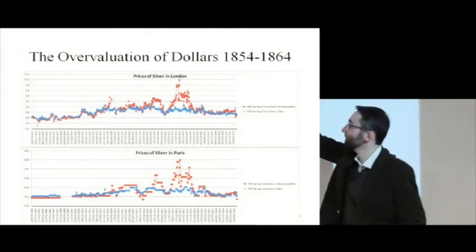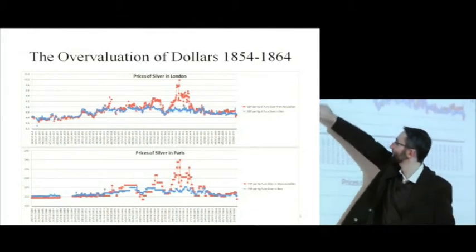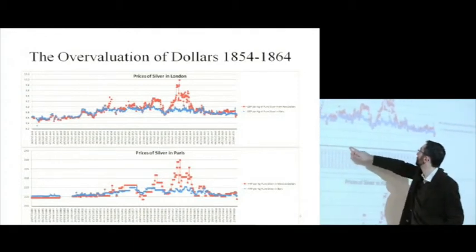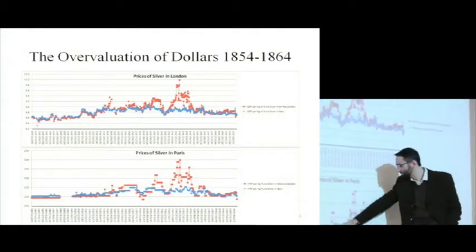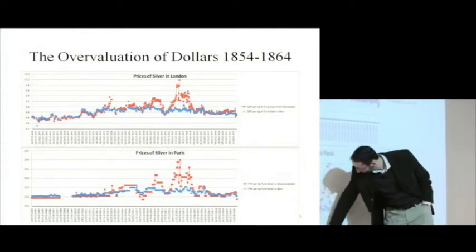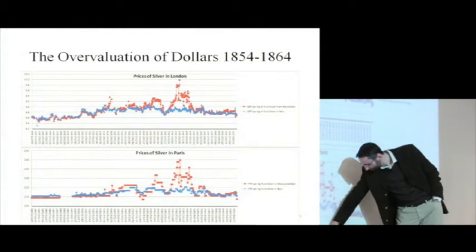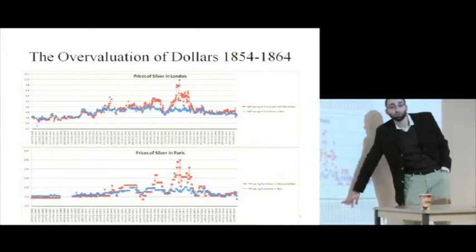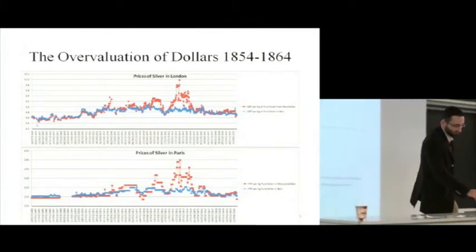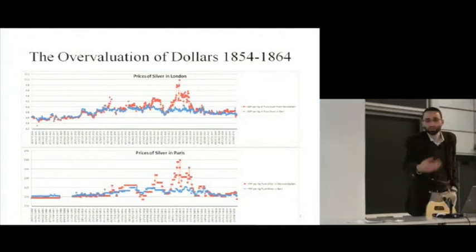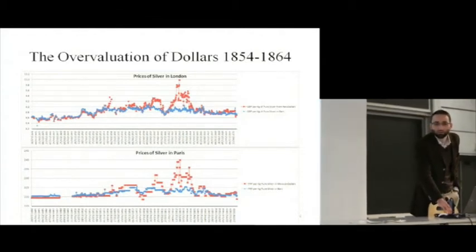So for the dates, you have a little bit in 1854, but the two biggest waves are 59 to 60, and then the biggest one is 62 to 64. So it's when you have the Taiping revolt and so forth.